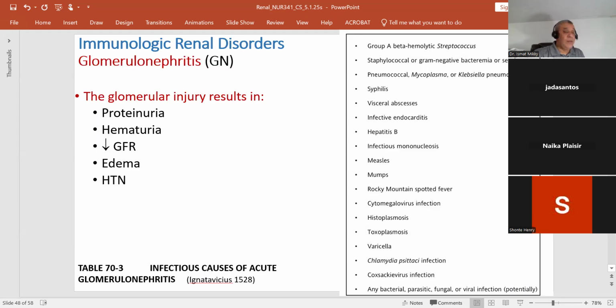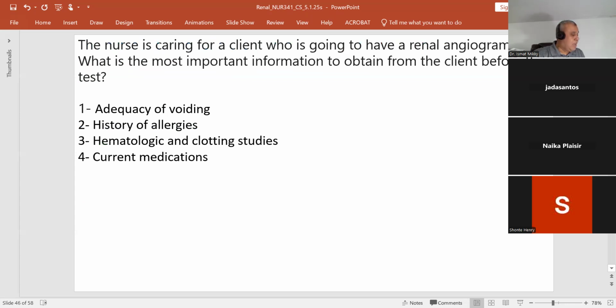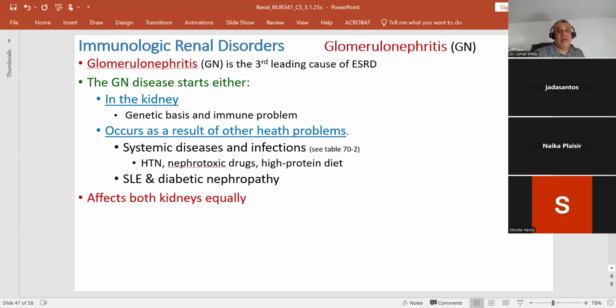The second and last diagnosis is glomerulonephritis, what's called the AGN, acute glomerulonephritis. So acute glomerulonephritis is not a UTI or infection.